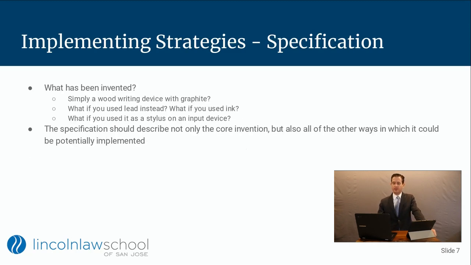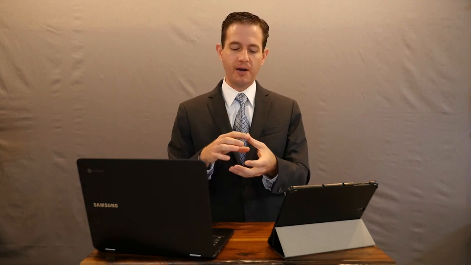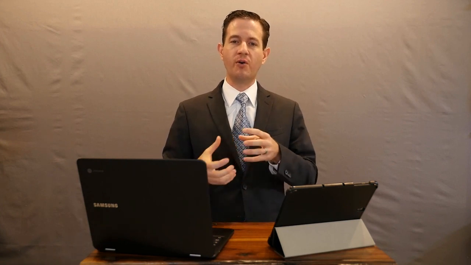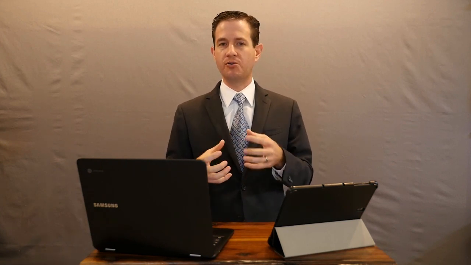As far as specification, you look at what specifically has been invented. And what I mean by that is you might have a core technology type invention that you are considering, but you also want to see, is there a robust specification for other ways in which one may build on this core technology.